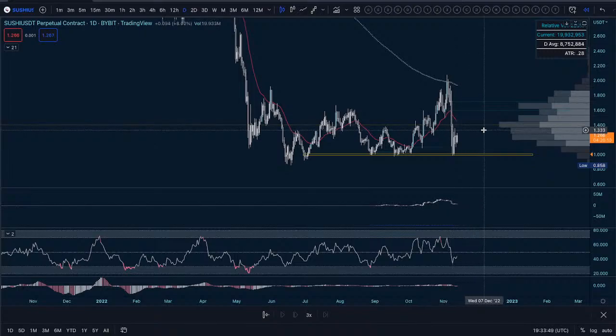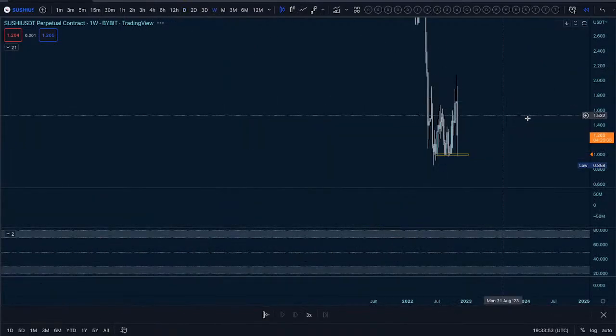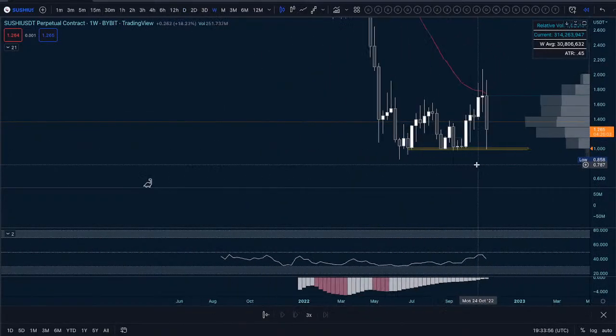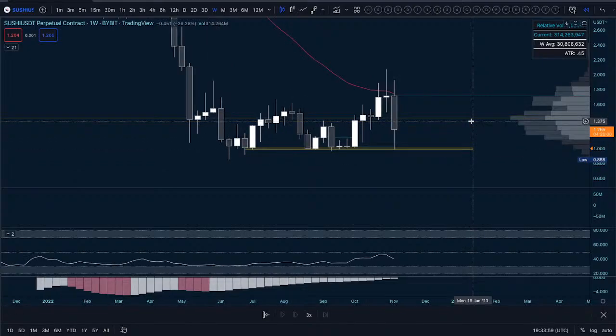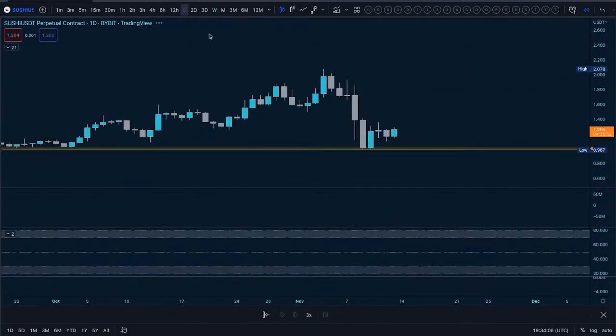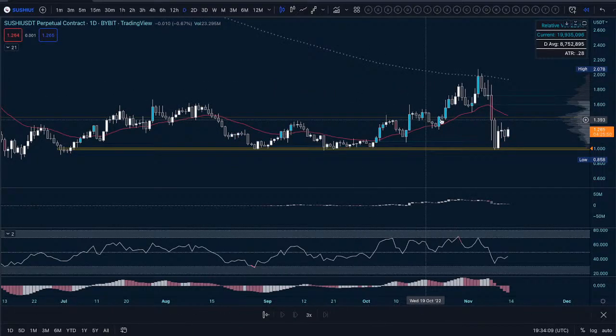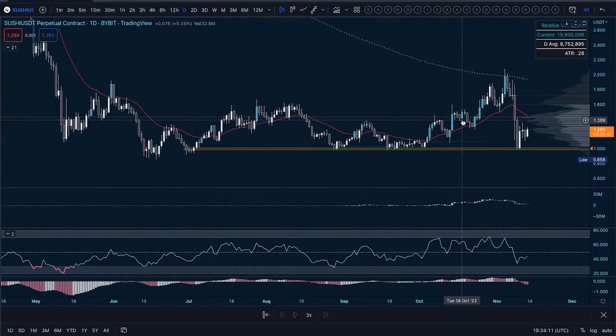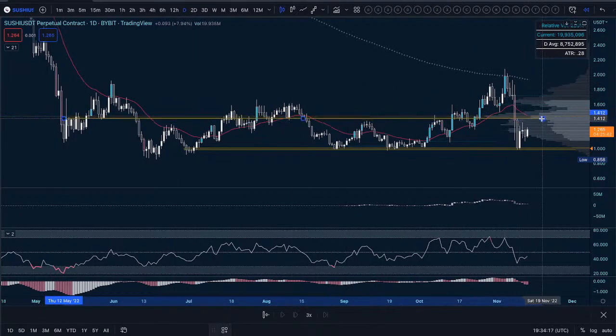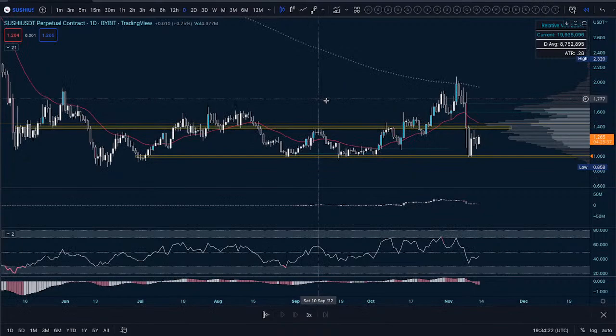And what is the upside? I would say this area. Yeah, this looks like a pivotal area, with lots of interaction with the price there.